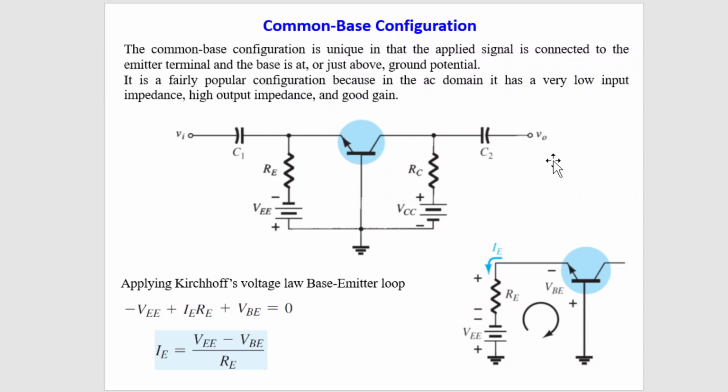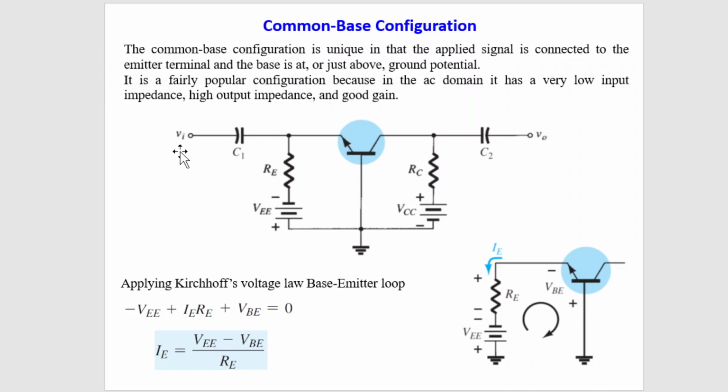If we analyze this circuit in order to find the emitter current, collector current, and output voltage, that is VCB, and the collector-emitter voltage, we have to apply Kirchhoff's voltage law. If we apply Kirchhoff's voltage law in the base-emitter loop, let us say this part, the DC equivalent circuit, the capacitor and the AC input and output will be omitted.